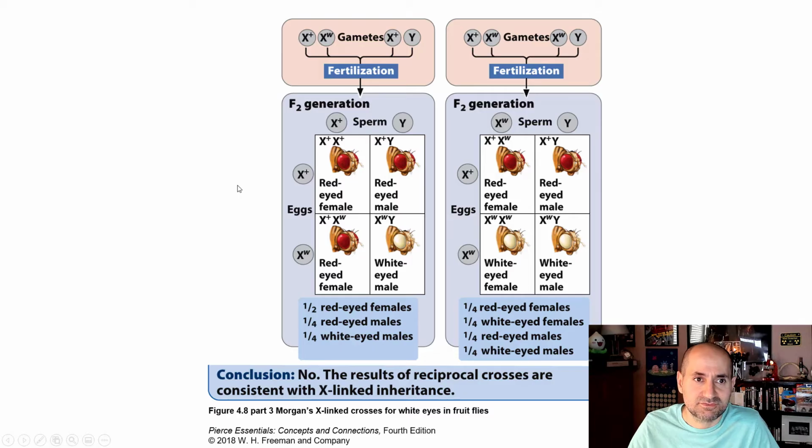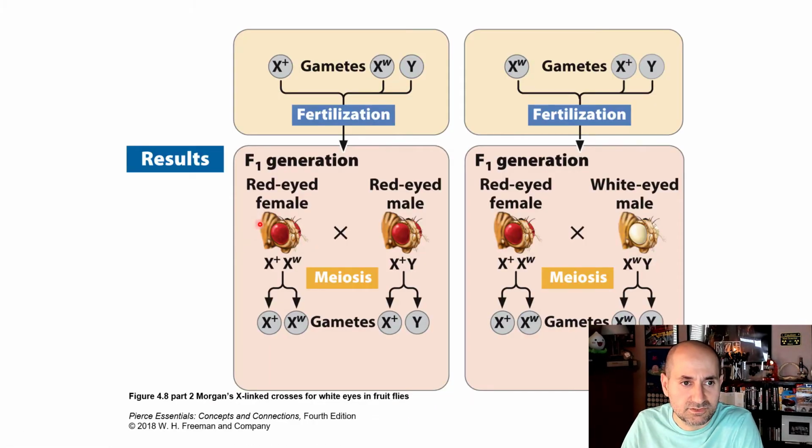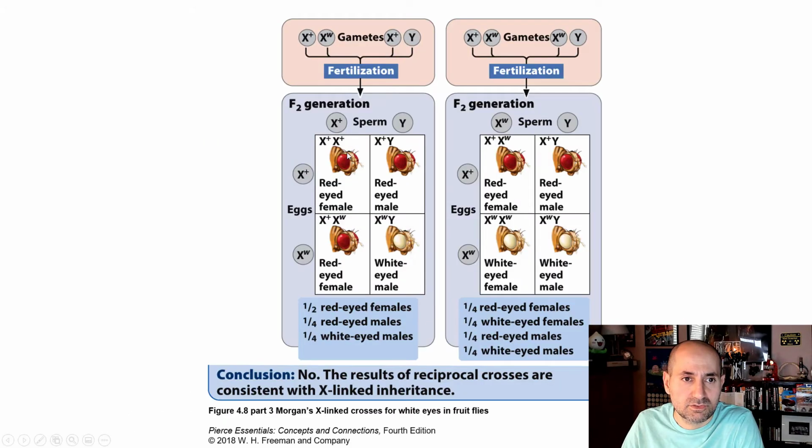Very interesting stuff. And then they went on to do the rest of the monohybrid cross. So let's start with this one on the left again. This female was X plus XW. That means she could make eggs with X plus or XW. This male was X plus and Y, so the sperm could be X plus or Y. So what did we see?